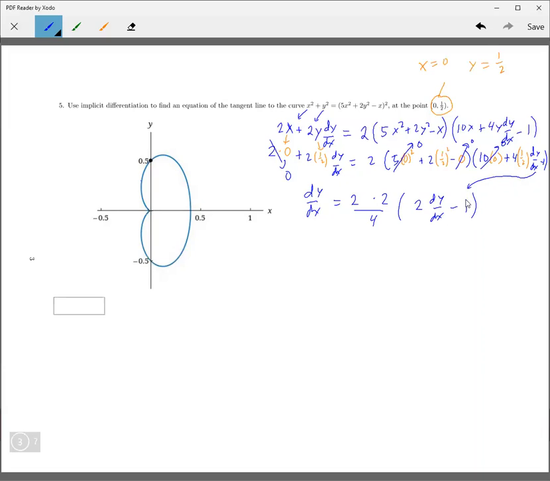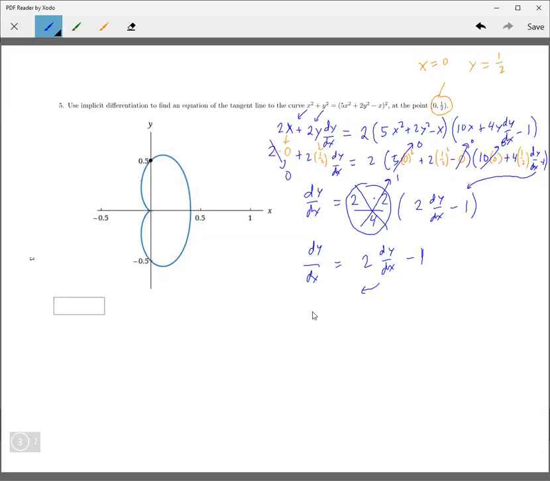Okay, so that's all that. And then that's basically just reduced to 1, so that's just gone. And so what do we got? We have dy/dx equals 2 dy/dx minus 1.